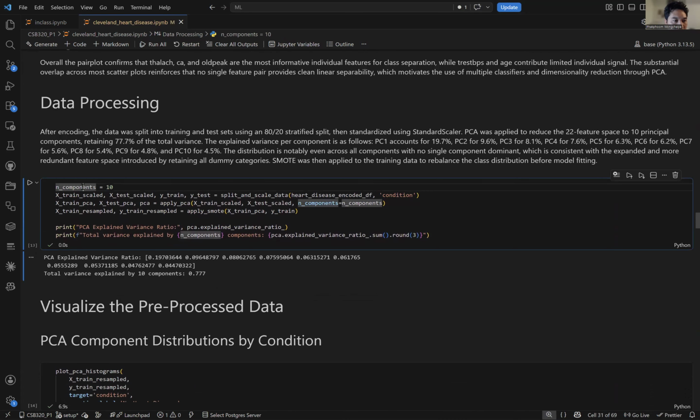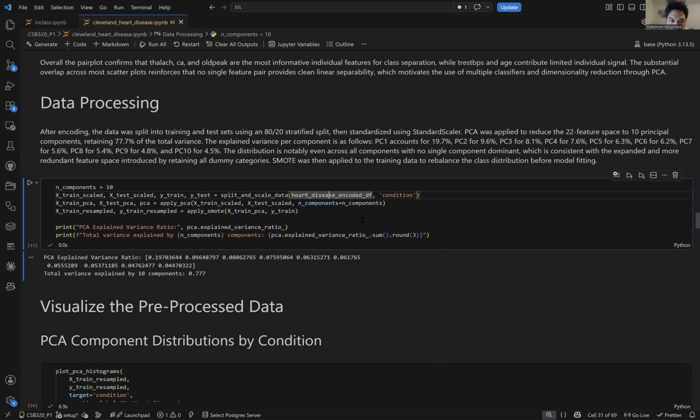I'm looking at 10 PCA components, but I'll get to that in a second. Here, this function just splits the test and scales it. And this is our target feature, which is condition.